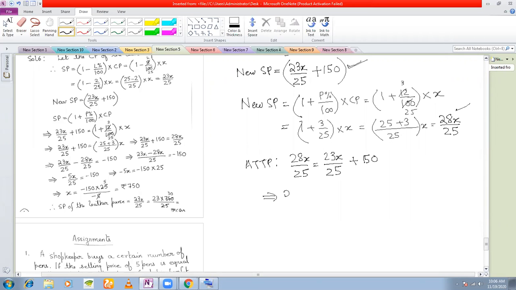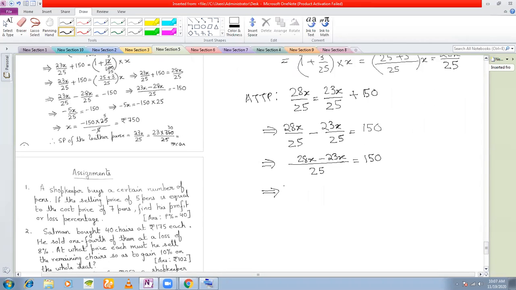Take x's together: 28x by 25 minus 23x by 25 is equal to 150. The denominator is the same, so you simply get 28x minus 23x.